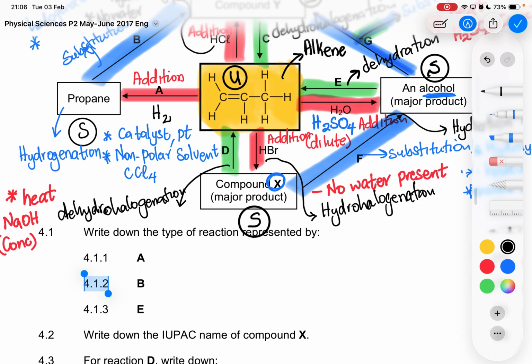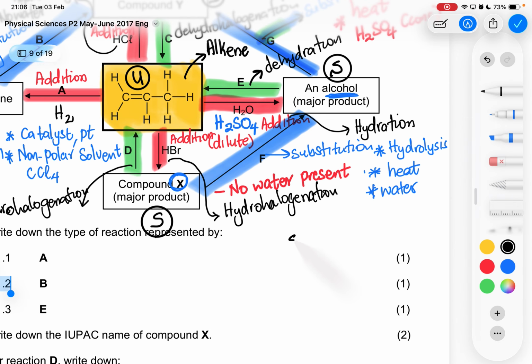So, the first question: write down the type of reaction represented by A. Please go as simple as possible. Don't try to be fancy about it.